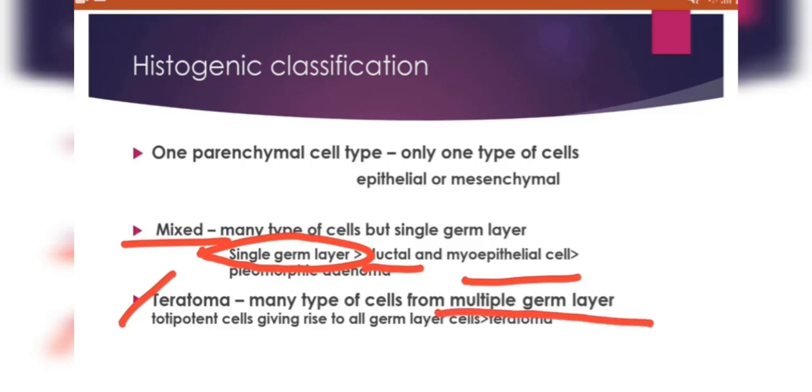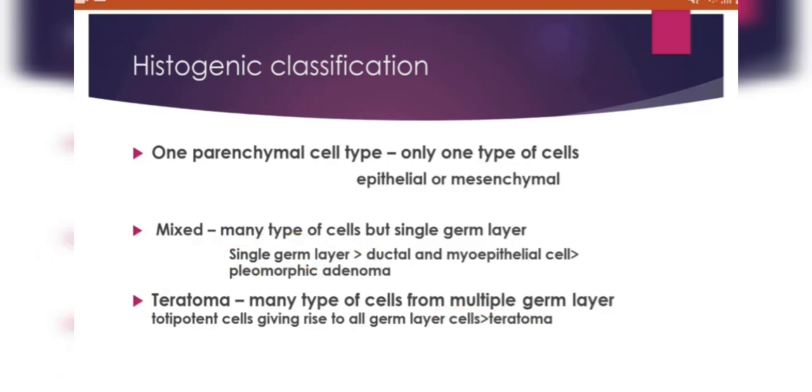So multiple germ layers and multiple cell types. As an example, in the totipotent cells of the ovary, a neoplasm is formed which is known as teratoma, as the totipotent cells give rise to all germ layer cells. So it is a teratoma or totipotential cell neoplasm. So according to histogenic classification, we have tumor consisting of one parenchymal cell type, mixed tumor and teratoma.